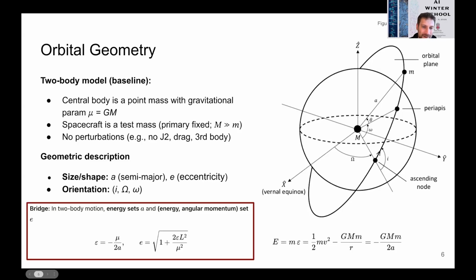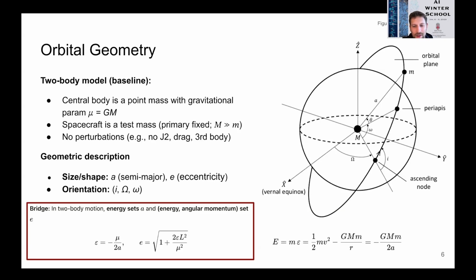But you can see it's just a function of the gravitational parameter GM and the semi-major axis. And then also the eccentricity is given here by the angular momentum L as well as energy and mu.